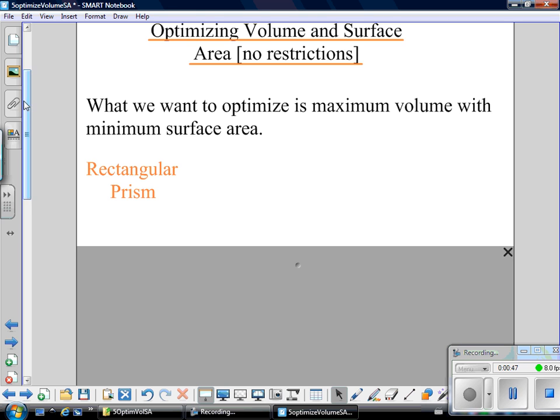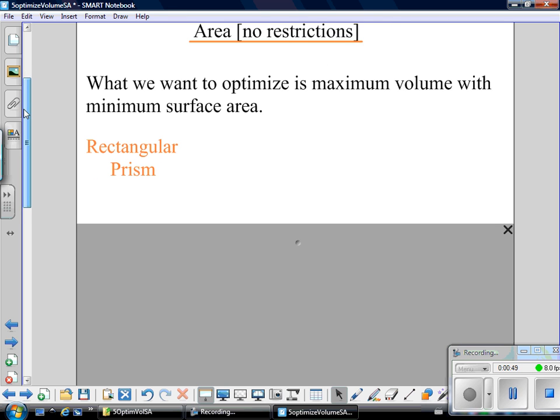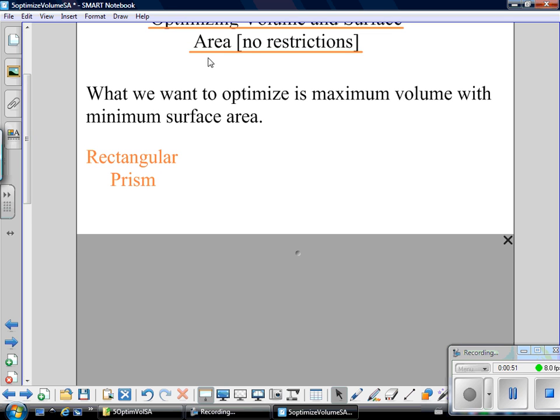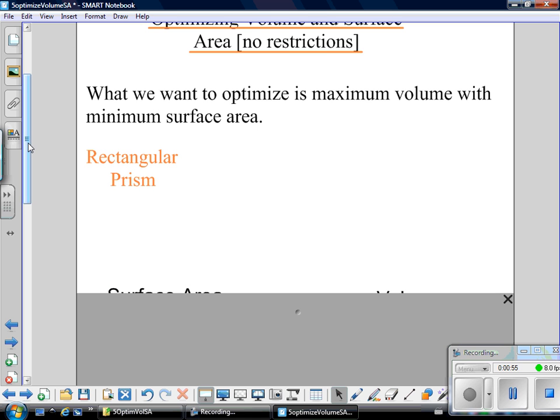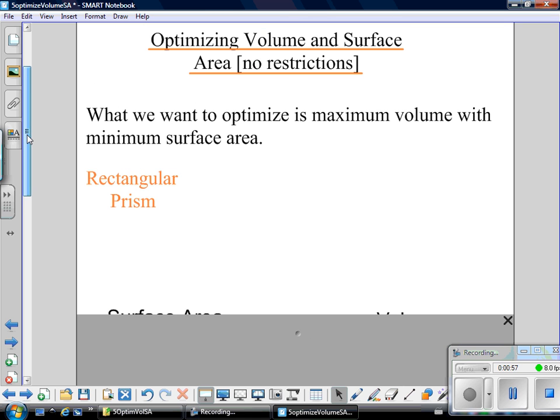Now, when we're talking about volume, we're going to be talking about a rectangular prism. There are other things that we can optimize the volume for, and that includes cylinders, as well as later on you're going to be doing an assignment where you're working with other shapes, other objects to see what their optimization is.